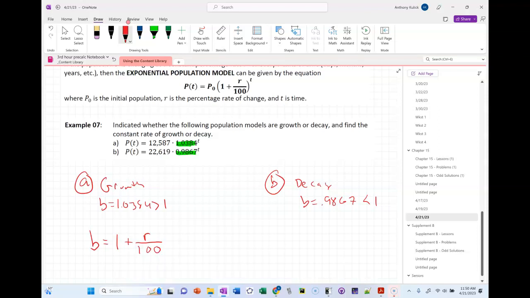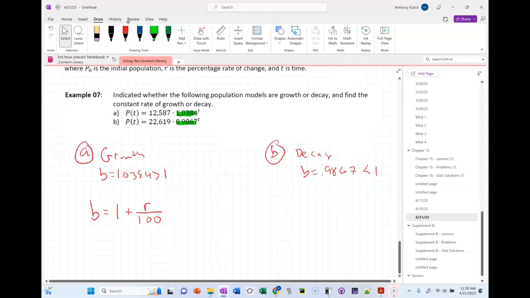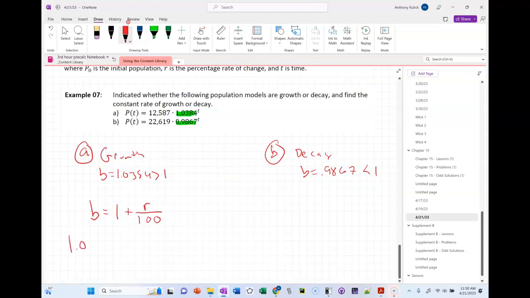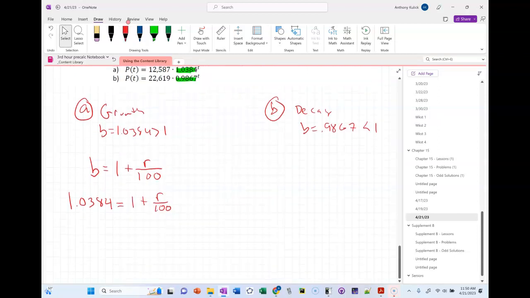And then I'm just going to solve this equation then for R. So the first thing I'll do is subtract 1 from both sides. And then I'll multiply both sides by 100.